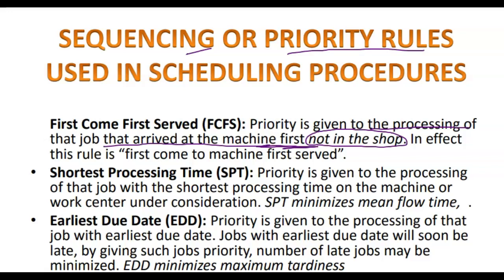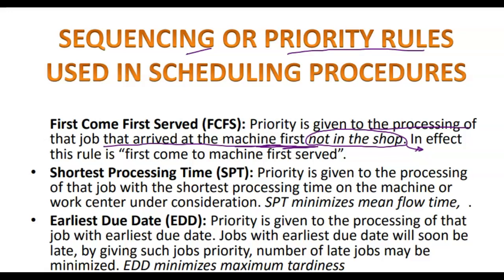To the machine. They may be delayed maybe because the materials that will be used in working on them are not ready. Or maybe the machines that will work on them are currently working on other jobs. So now they may get to the shop first, but they are yet to get to the machine.